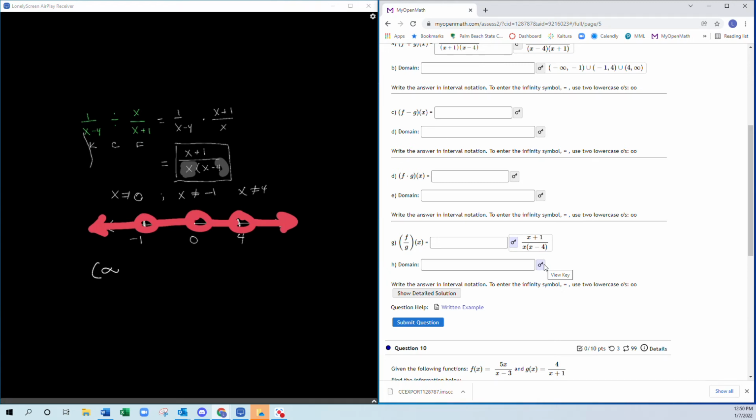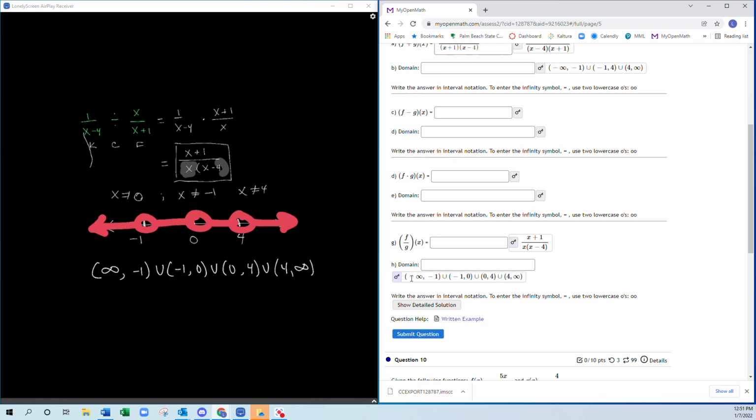I go from -infinity to -1, parentheses, union the region on the inside, from -1 to 0, union from 0 to 4, and lastly from 4 to infinity. So this is a longer answer for the domain, and you must have all of them in the correct order for this to work.